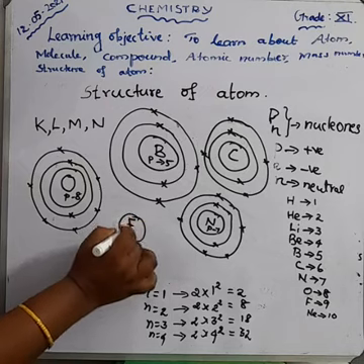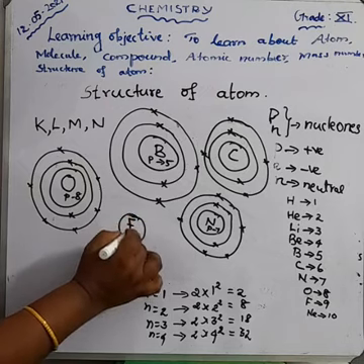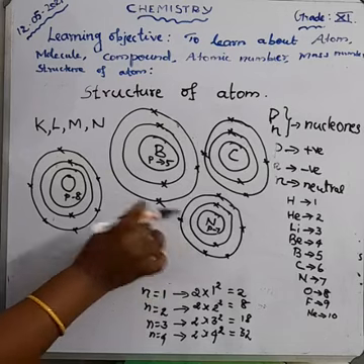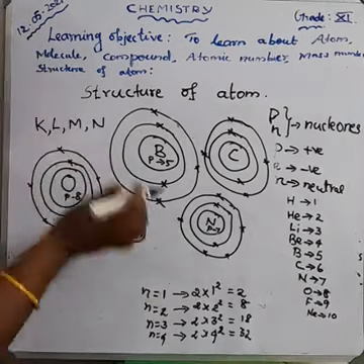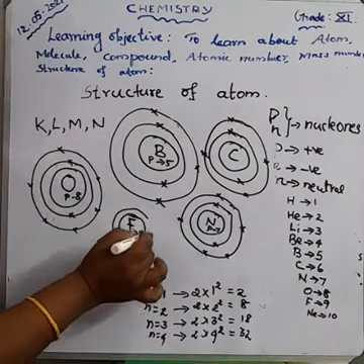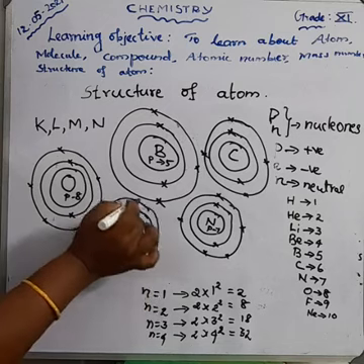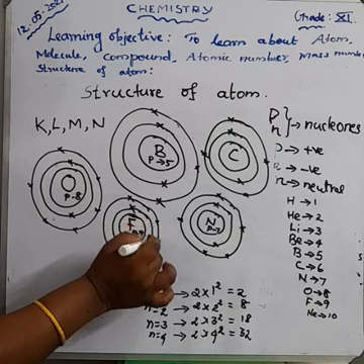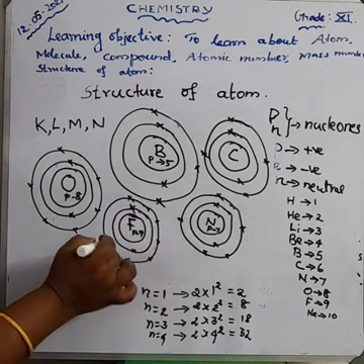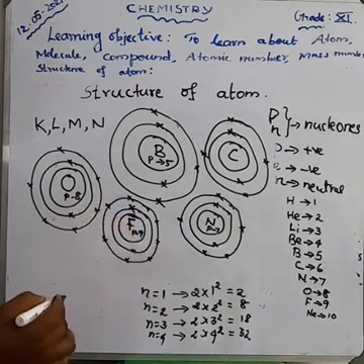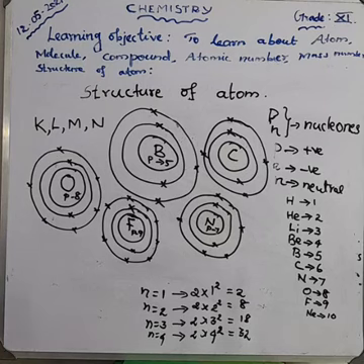This is the nucleus. Number of protons 9, because the atomic number is 9. Number of protons 9 and number of electrons also 9. First orbit 2 electrons and second orbit 7. Okay, and then neon.